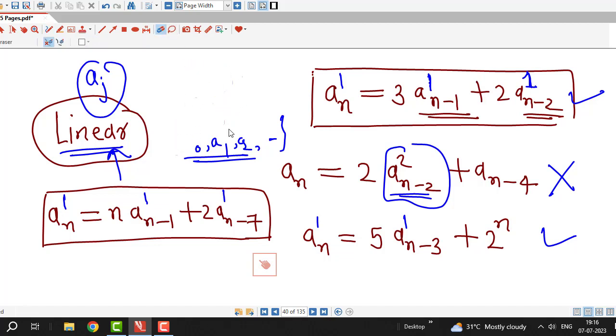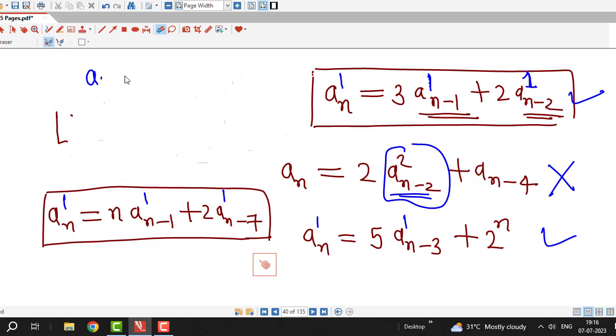Now we discuss homogeneous recurrence relations, that is, when our recurrence relation is homogeneous. A recurrence relation is homogeneous if every term of the recurrence relation is a multiple of some term of the sequence. For example, we can have some multiple of aj in each term for the recurrence relation to be homogeneous.